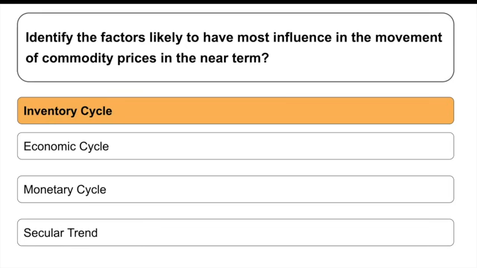You have to understand that if the things are not getting sold and if I have an inventory cycle which is very huge, of course the prices of the commodities are going to go down. Whereas if the demand is there in the market, then the prices will go up and also the inventory cycle will be very short and I will have to frequently do the restocking process. So the correct answer is inventory cycle.